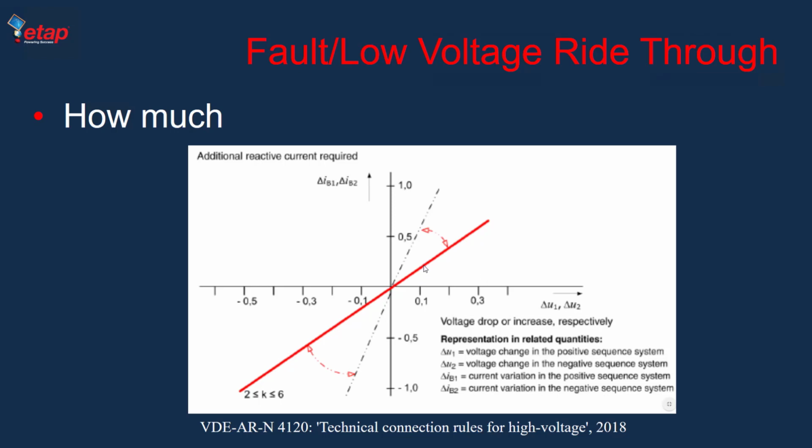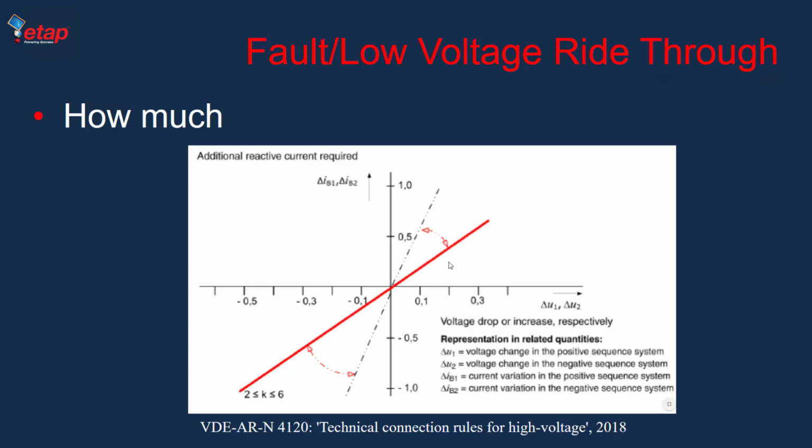Many grid codes are still falling behind on negative sequence current injection. Most of the inverters today inject positive sequence and they are enhancing to inject negative sequence. So in ETAP also, when it comes to short circuit analysis, positive sequence injection is supported, and soon we will also support negative sequence injection in the next major release.